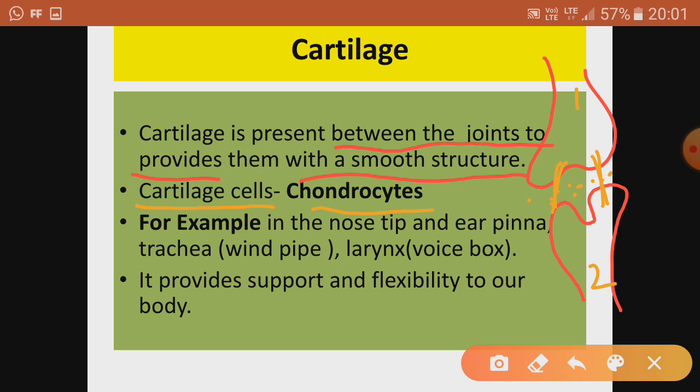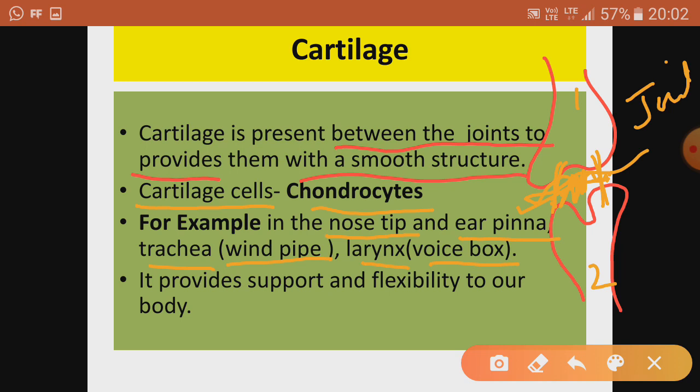Now where else is the cartilage present other than between the joints? Joint means the place where two bones join together. This cartilage is present as a cushioning material to provide softness, and it also prevents the wear and tear or the damage of the two bones. Second, it is present at your nose tip, in your ear pinna, in your windpipe, that is trachea, and voice box, that is larynx.